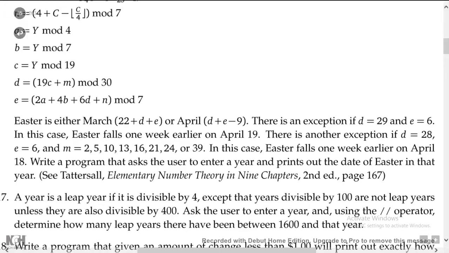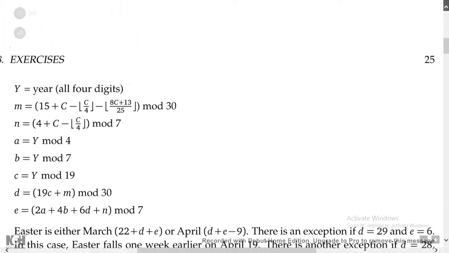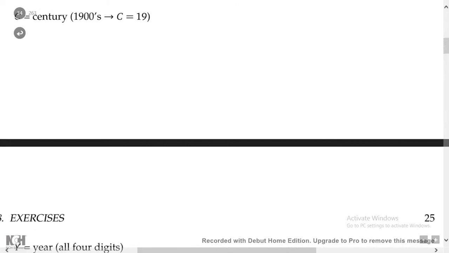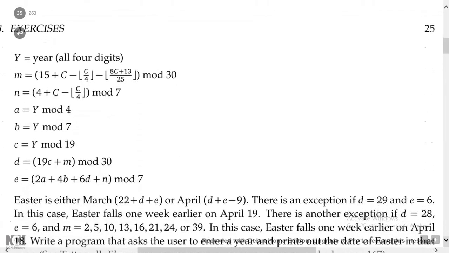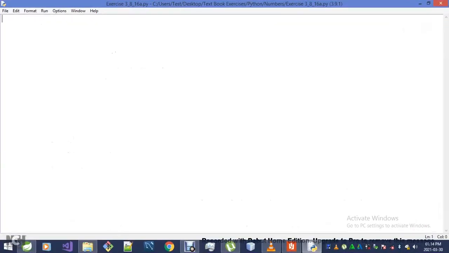You know what? Let's jump to the IDE. Let me scroll down a bit so I can see all of these. You see all these letters Y, M, N are our variables. So the first thing we want to do, of course, we'll be working with the math module, so let's start by importing it.